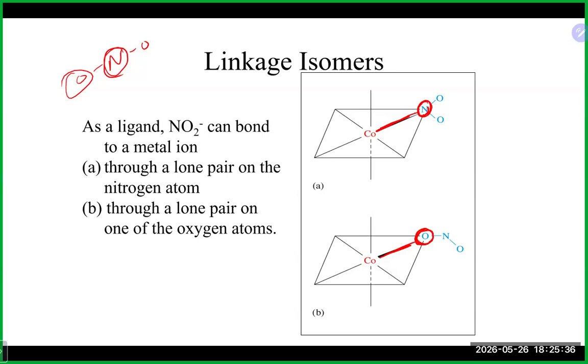So a linkage isomer, once again, will be pretty much the same formula, but a ligand in there has the ability to attach one atom versus the other, depending on the situation that occurs. Each of those atoms can do that because they both have non-bonding electrons. They also are kind of polar and have a formal charge that allows them to do that. Any questions on linkage isomers?